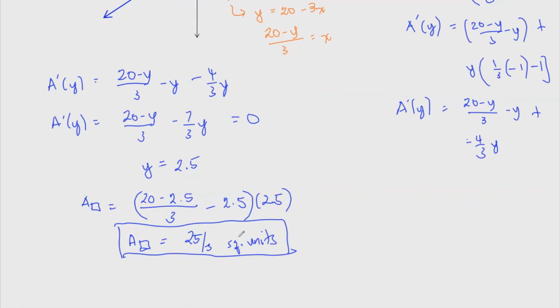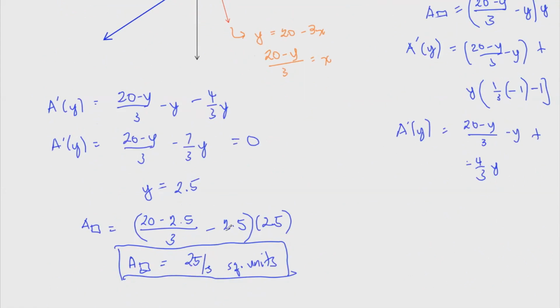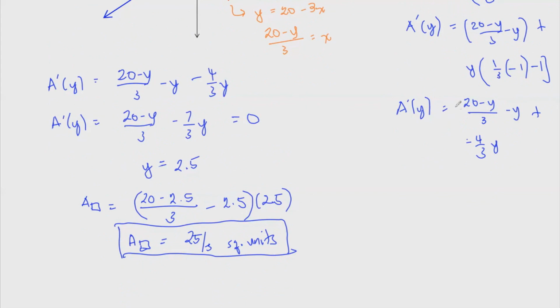And now that we've already obtained the answer, we could check if that's really the maximum area. So remember, this is the first derivative. You can take the second derivative for this one and then substitute this 2.5. Since this is positive, we should be getting a negative answer. So if we get a negative answer based on this critical point, then that is actually our maximum. So let me just do the differentiation right here.